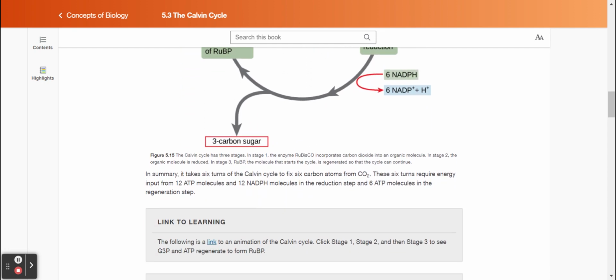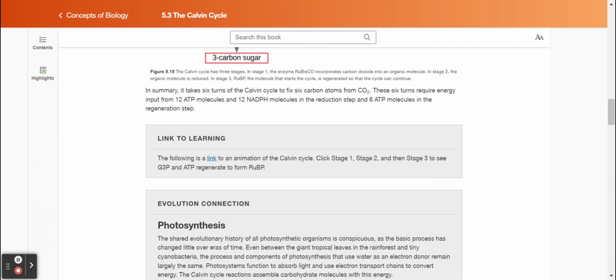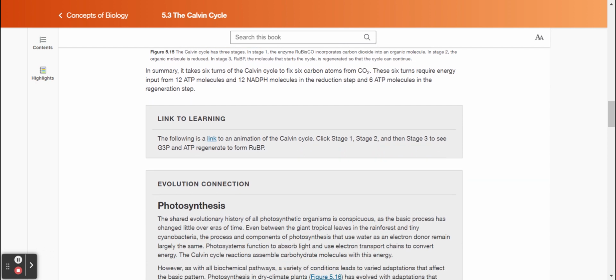In summary, it takes 6 turns of the Calvin cycle to fix 6 carbon atoms from CO2. These 6 turns require energy input from 12 ATP molecules and 12 NADPH molecules in the reduction step, and 6 ATP molecules in the regeneration step.